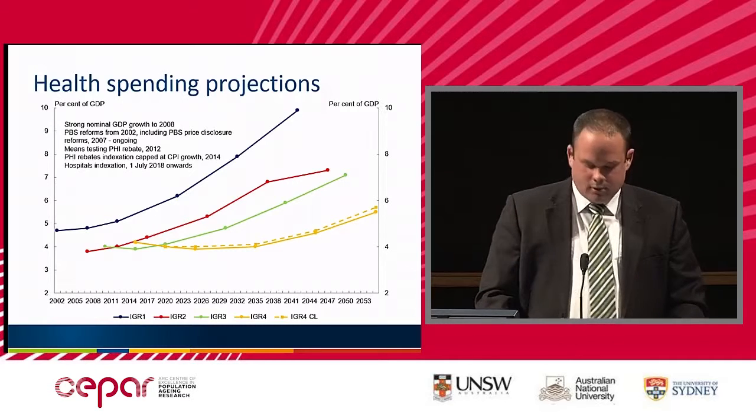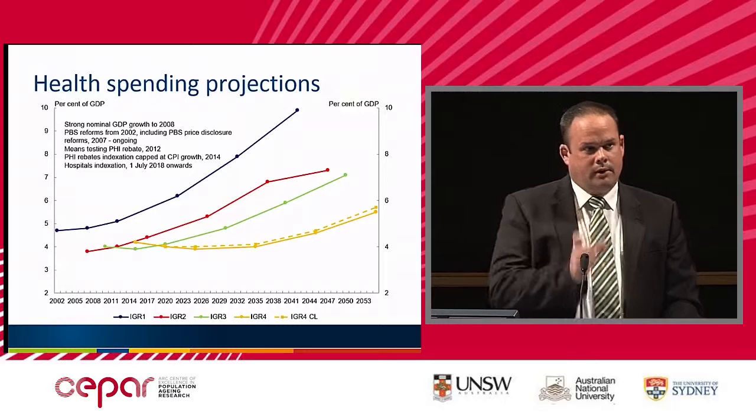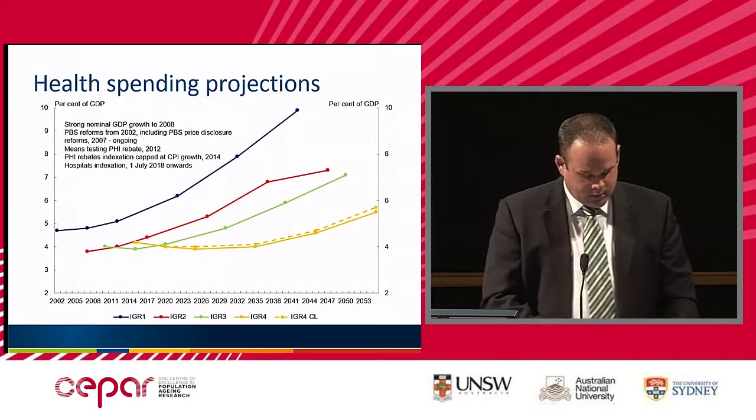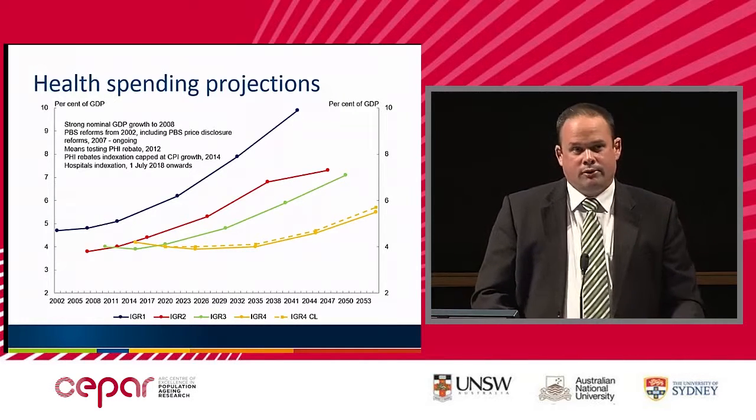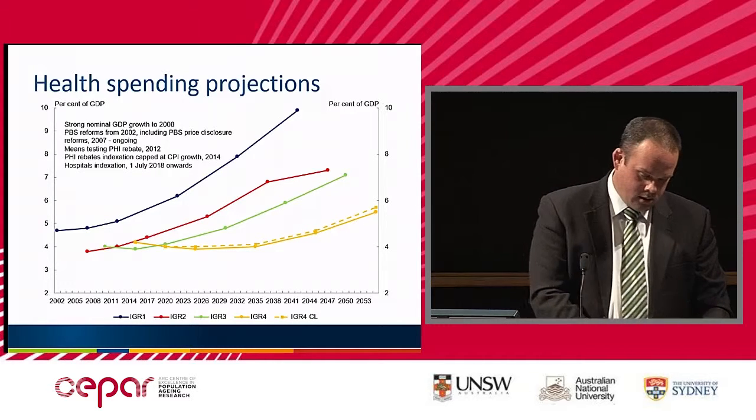And I think looking across the IGRs in this way, it's easy to see their contribution, not of each one in isolation, but really focusing more on what has changed between them and arguably as a result of them.